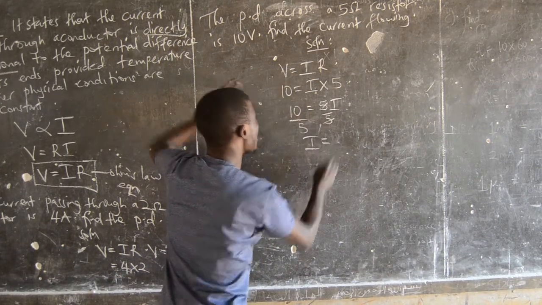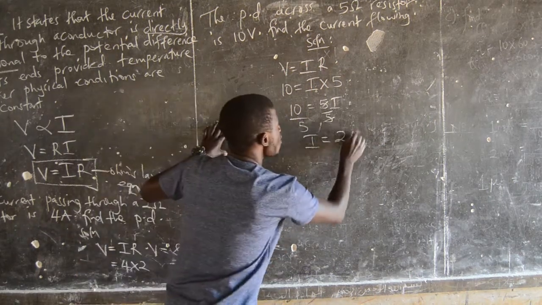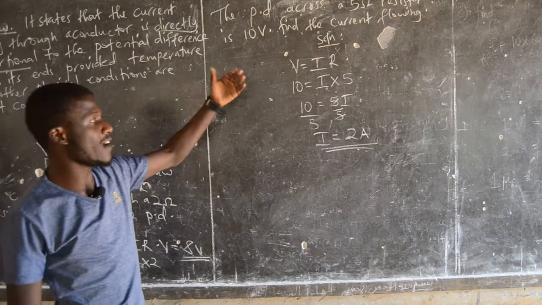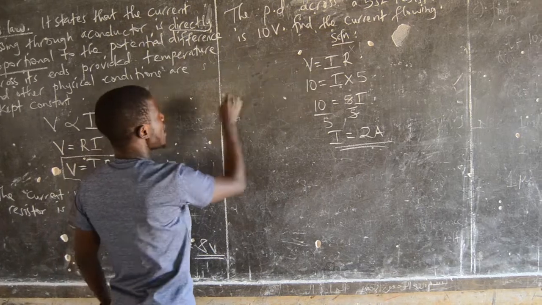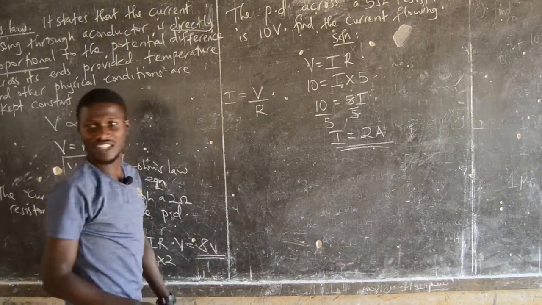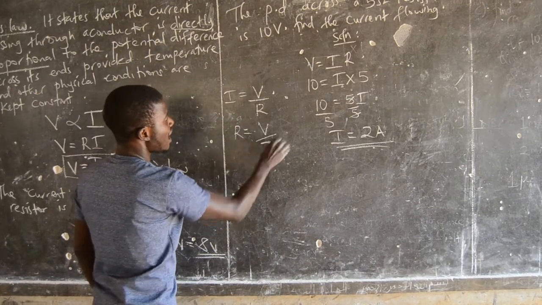This means that our current is 10 over 5, that is 2 amperes. That's the current which will flow through that 5 ohm resistor. So in other words, V is equal to IR. That means current can be the voltage over resistance, and resistance can be voltage over the current.